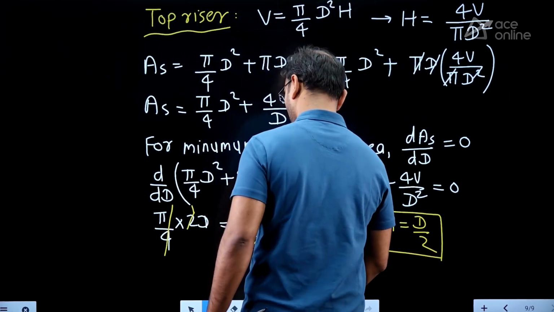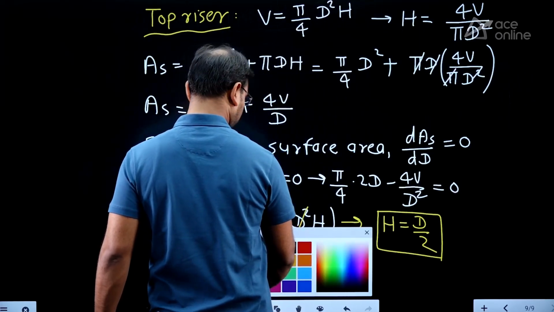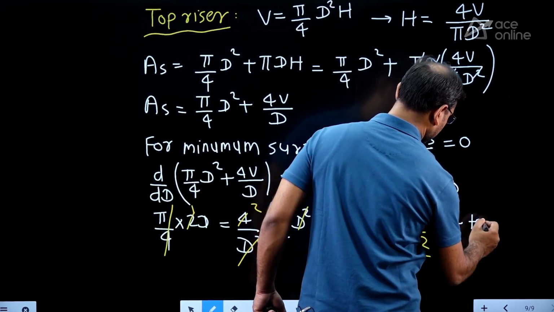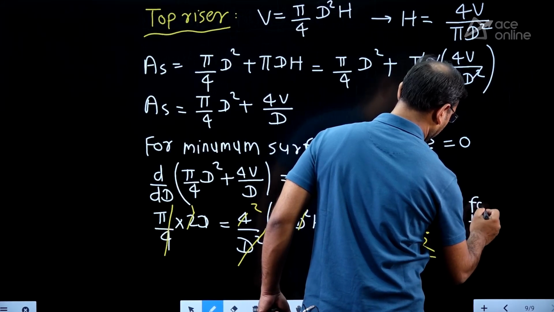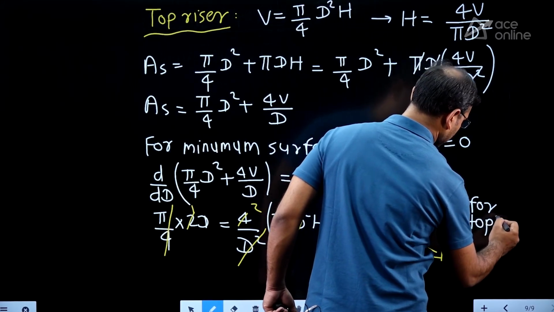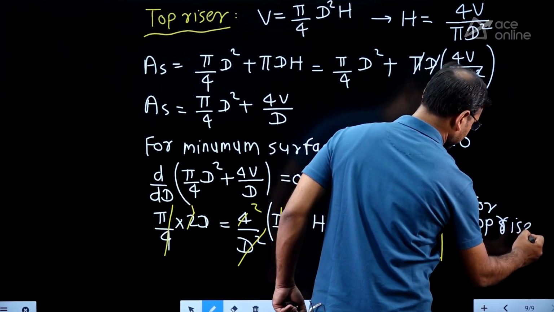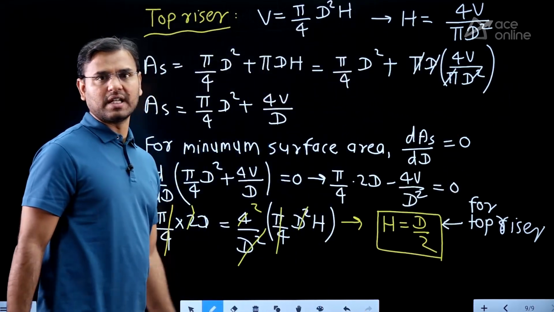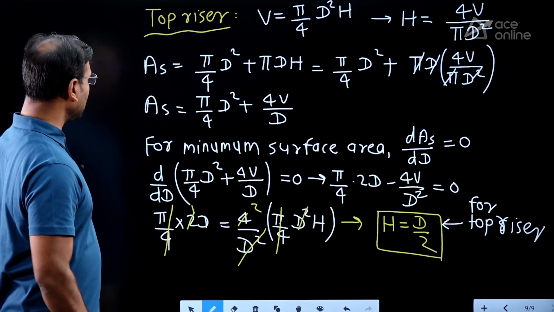This is for top riser. Okay, for top riser, the height is equal to what? The diameter by 2. This is the relation.